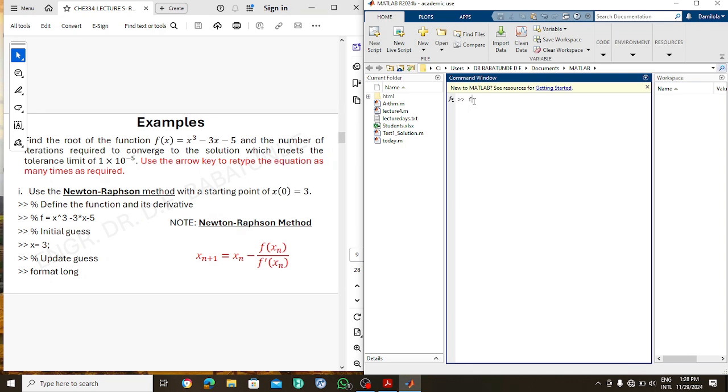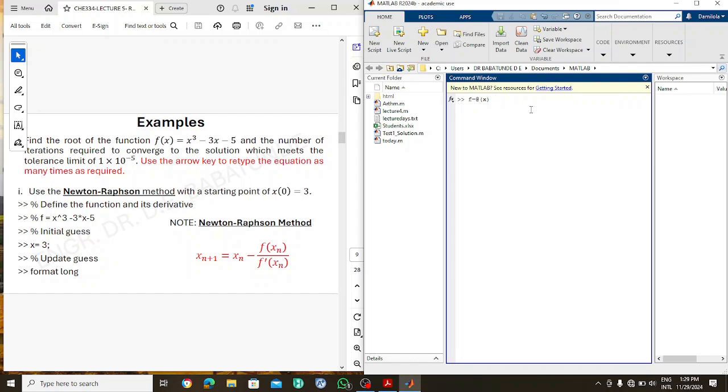I want to say f of x, the normal f of x I used to say. This is the way Matlab understands f of x: f equals @(x), with x inside parentheses. That's the way to say f of x in Matlab. So what does it equal? Leave some space.